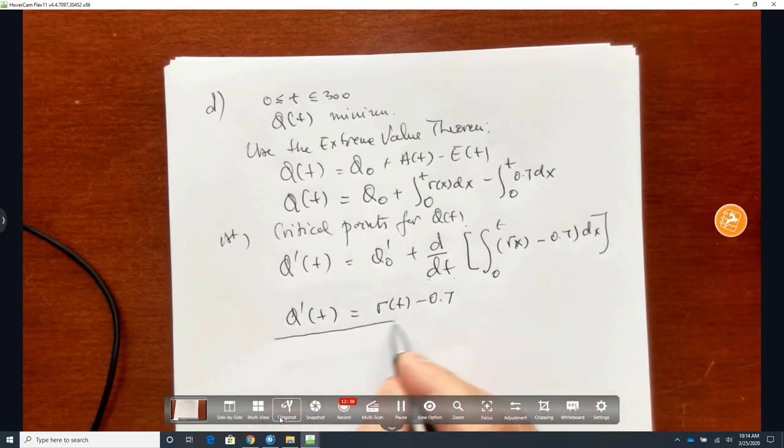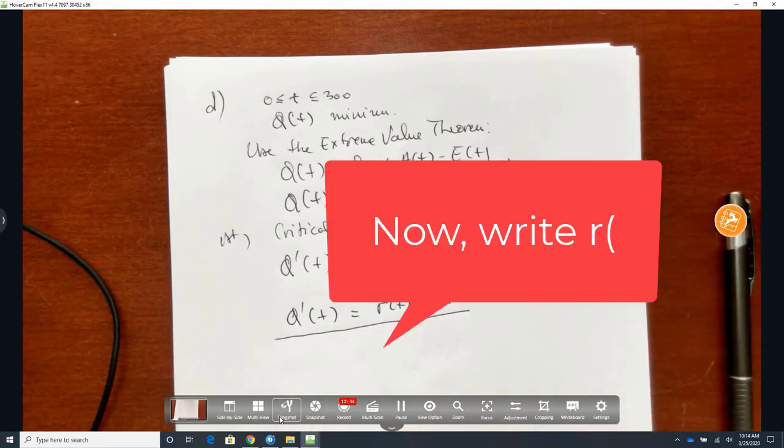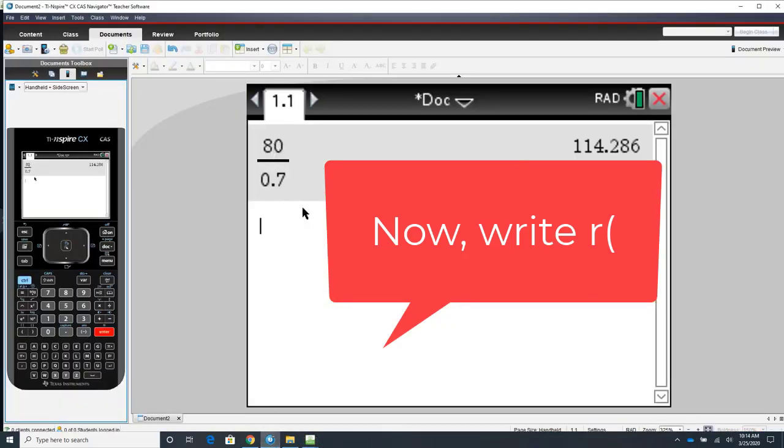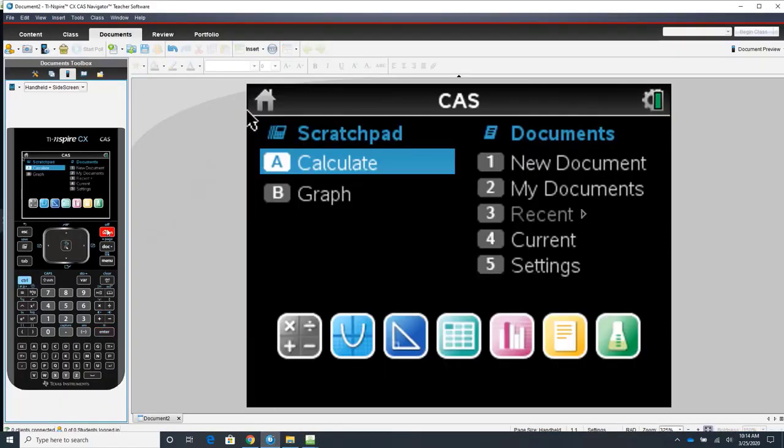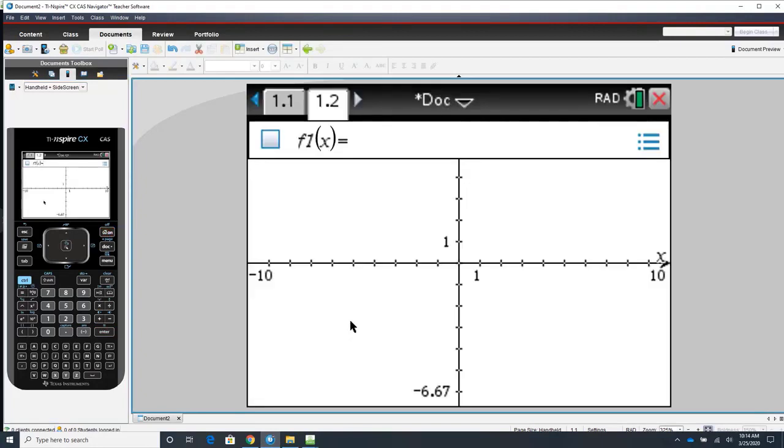So that's actually the equation whose graph I want to draw. I'm going to use my graphing calculator, and from the home menu, I'm going to switch to the graphing calculator. I need actually right here to write again that function. That's a complicated one, but let's do it.